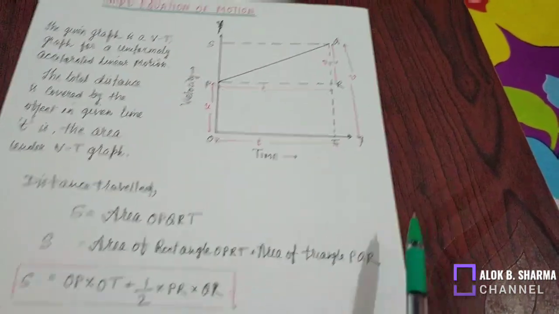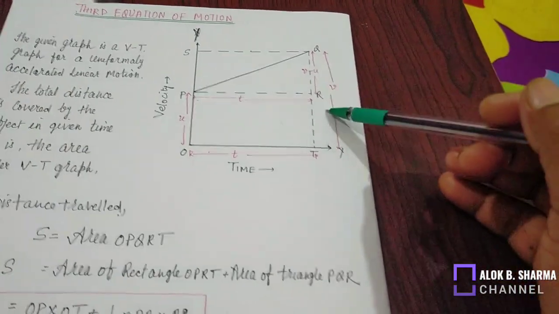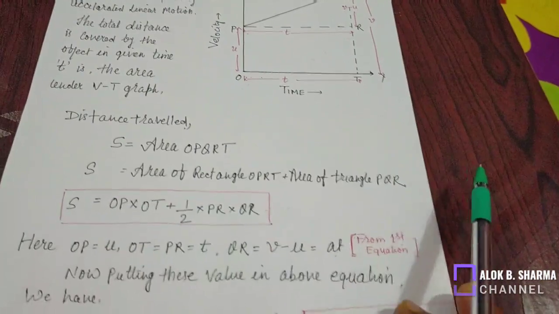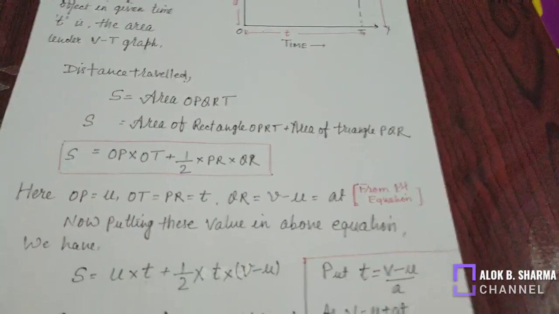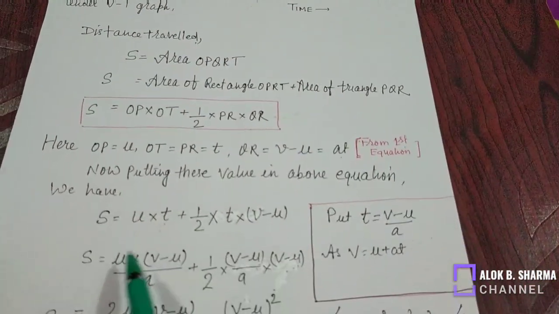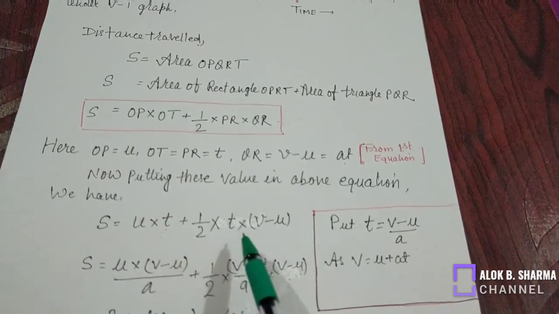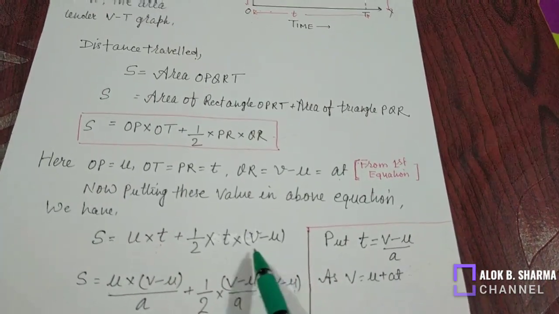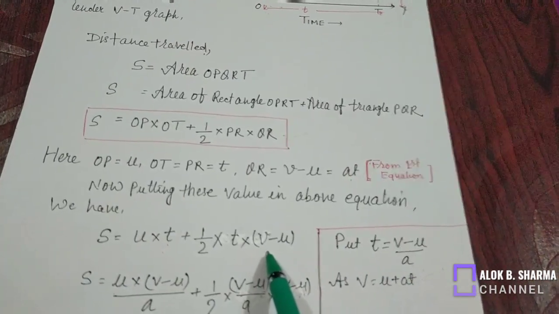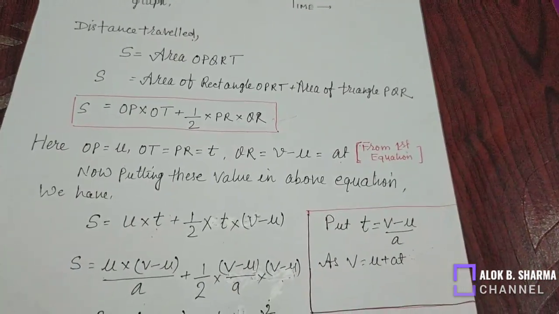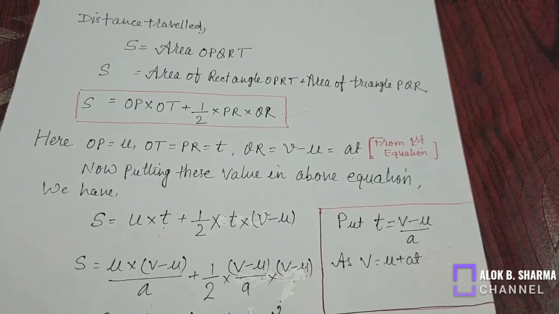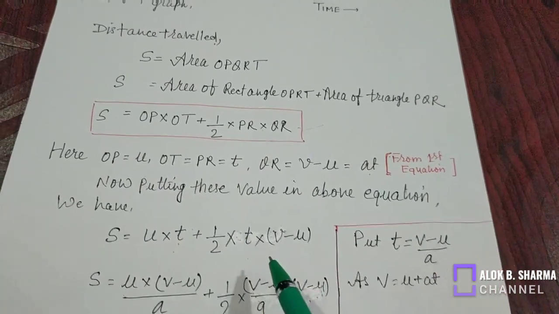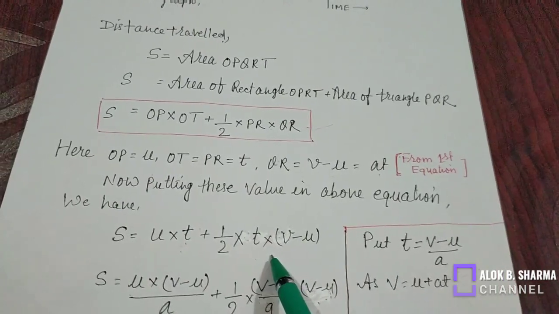QR equals v minus u, already I have calculated that. So now when we put these values, we get s equals ut plus 1/2 t(v minus u). The same situation came here as in the second equation.